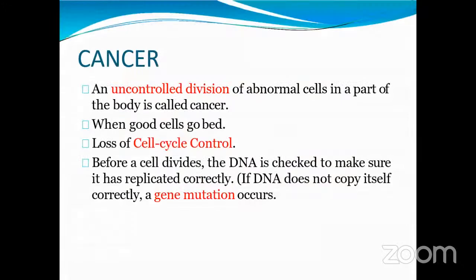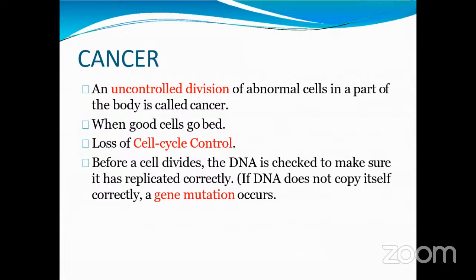So what is cancer? It is nothing but an uncontrolled division of abnormal cells in a part of the body. That means this division is uncontrollable and the cells are abnormal. There is no checkpoint. In our body, every cell receives 2 signals, one to divide and the second to stop.